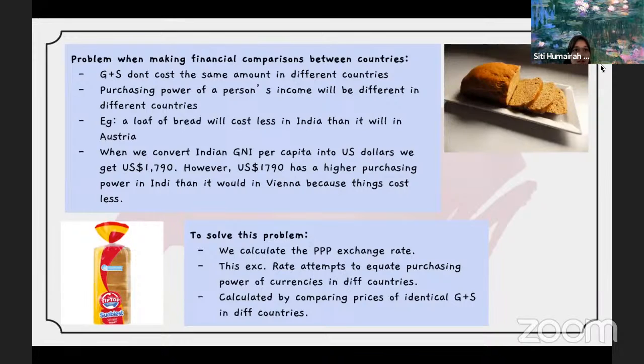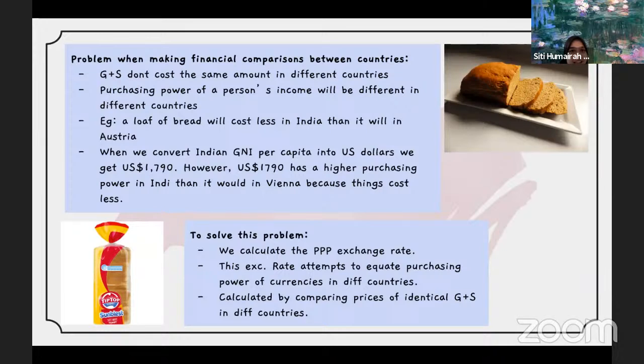This is because goods and services don't cost the same amount in different countries, and the purchasing power of a person's income will be different. So it's hard to compare when you're comparing different things. That's why you calculate the PPP, to equalise the currencies in a way.